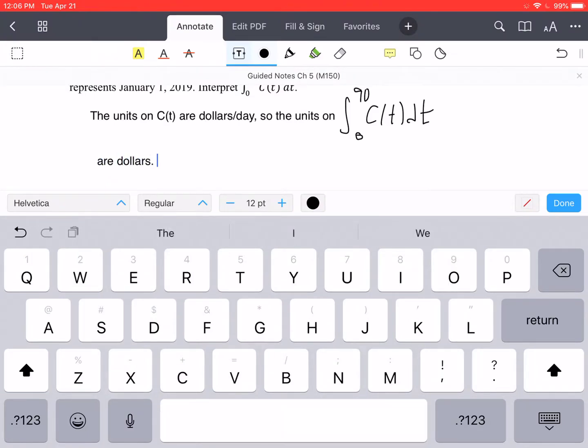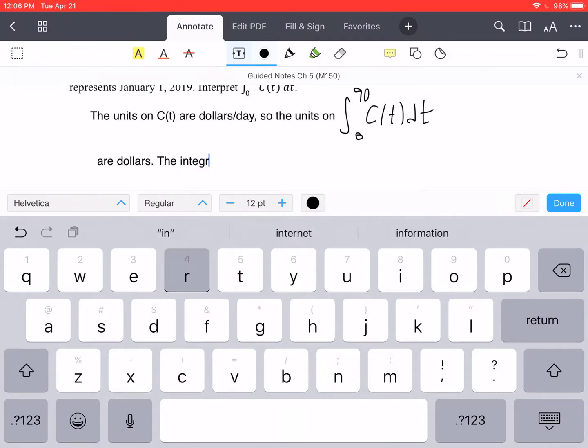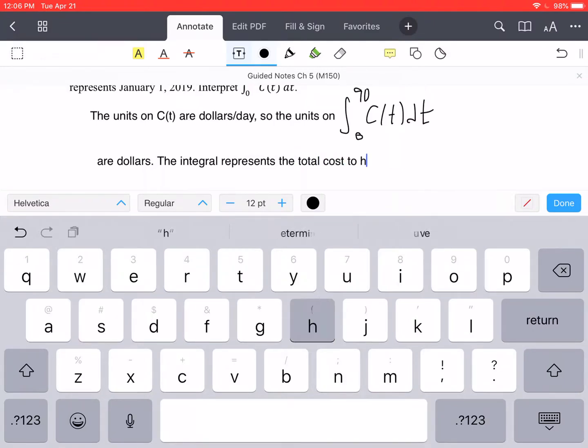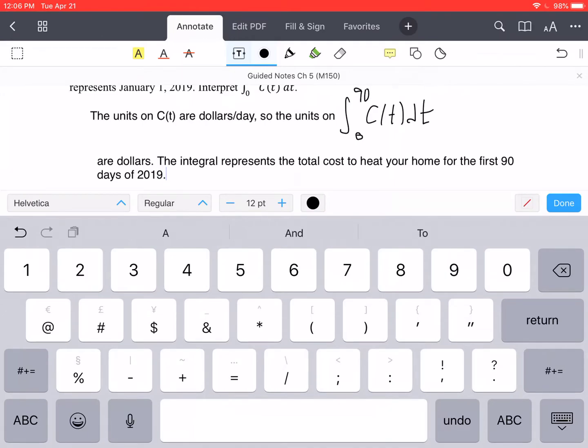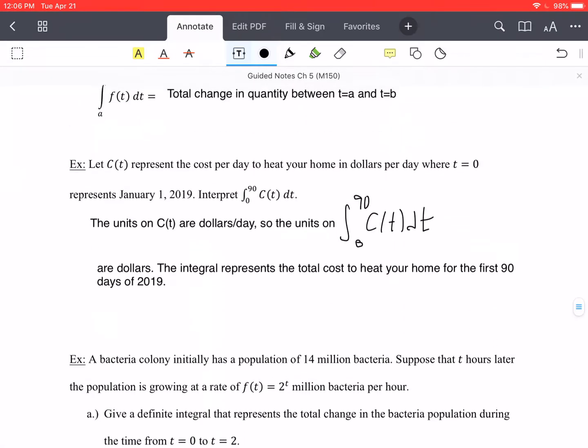Because remember that integral represents total change, so it's just how much change there is in the amount of money. So the integral represents the total cost to heat your home for the first 90 days of 2019.